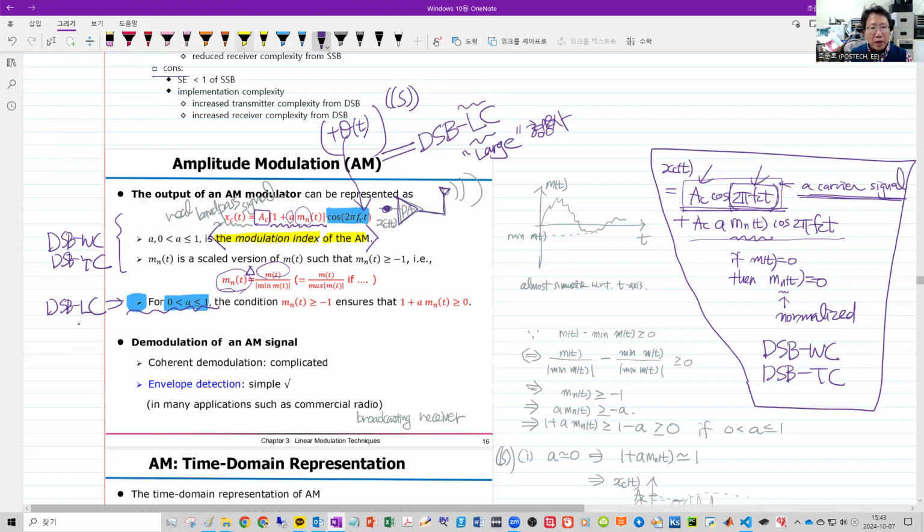So here I have drawn a figure of the message signal. Consider this is the time axis and this is your message m(t). It may vary in the time domain, taking some positive values and some negative values. And here, as you see, we find the minimum value of this message signal.